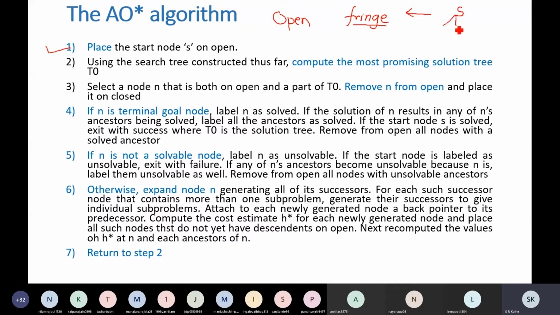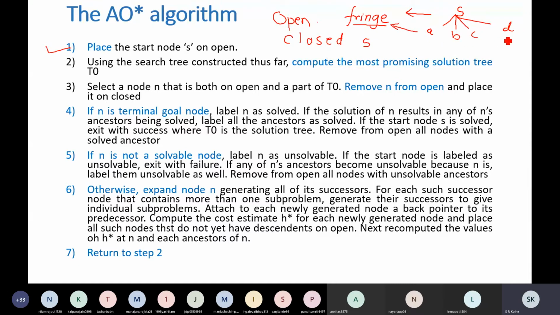Suppose this S generates 4 nodes A, B, C and D, so it has been generated as well as explored completely. In that case, S will go from the open list to the closed list. But A, B, C, D are generated now, but not explored completely. So A, B, C, D will be on the open list, that is, on the fringe.